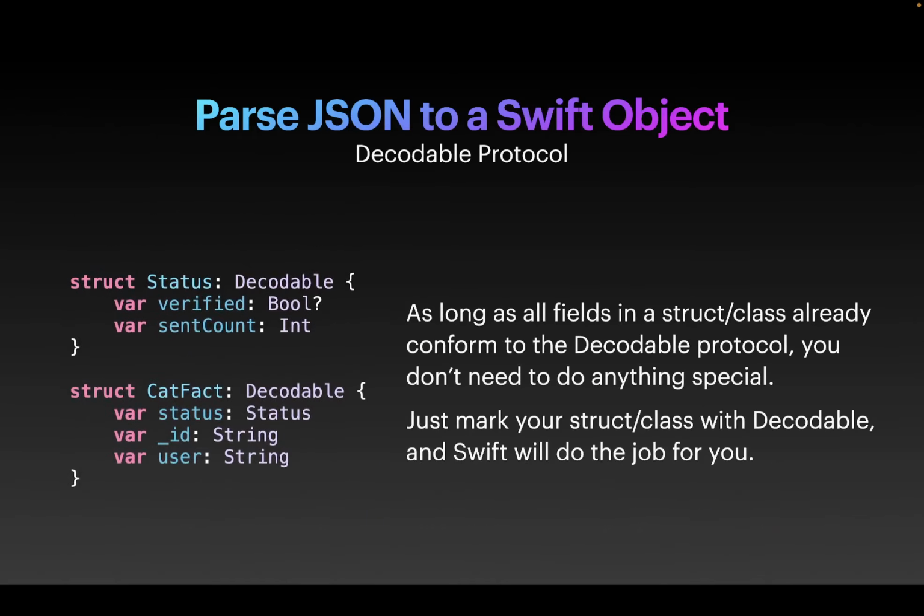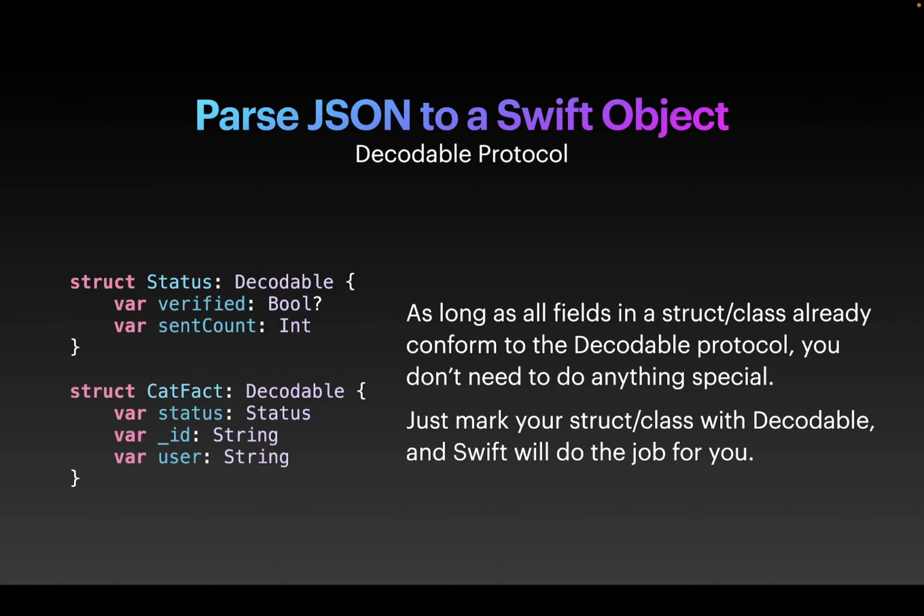Now, take a closer look at the Decodable protocol. It looks like some magic, right? You conform to Decodable and it works. However, it's not magic. The first thing I have to mention is, as long as all fields in a struct or class already conform to the Decodable protocol, you don't need to do anything special or additional.